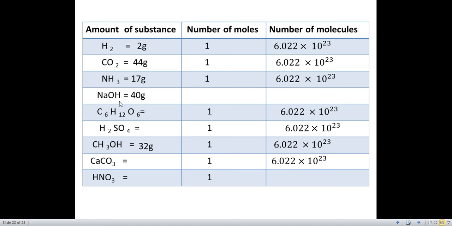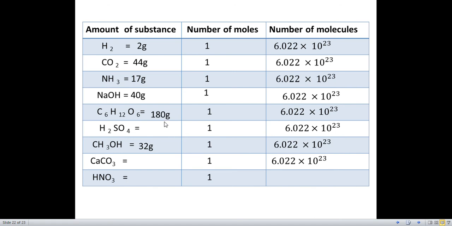If we take sodium hydroxide 40 grams, sodium 23, oxygen 16, hydrogen 1. So can you guess the answer? 1. The same number of molecules. Glucose: what is the mass number of glucose? We have already calculated, the answer is 180.